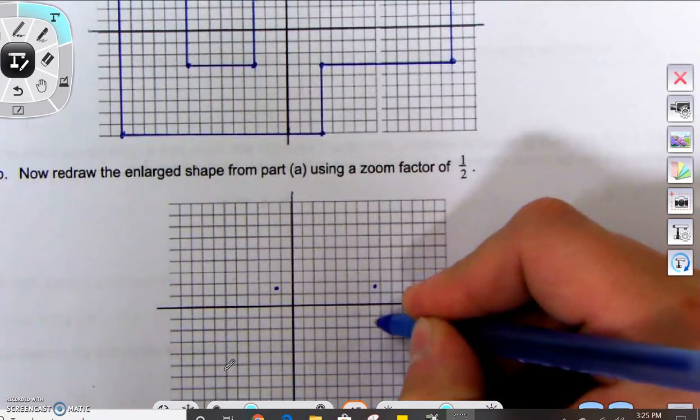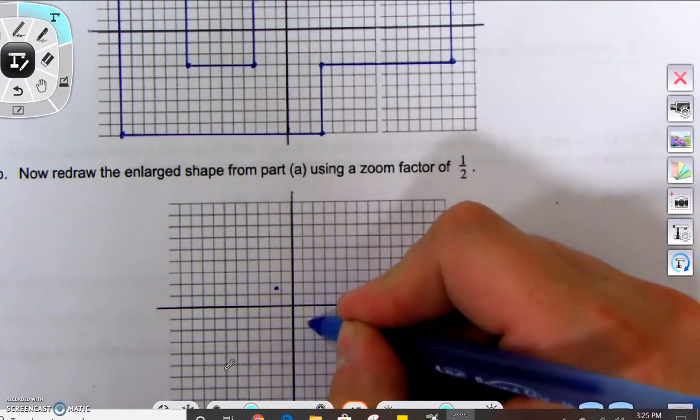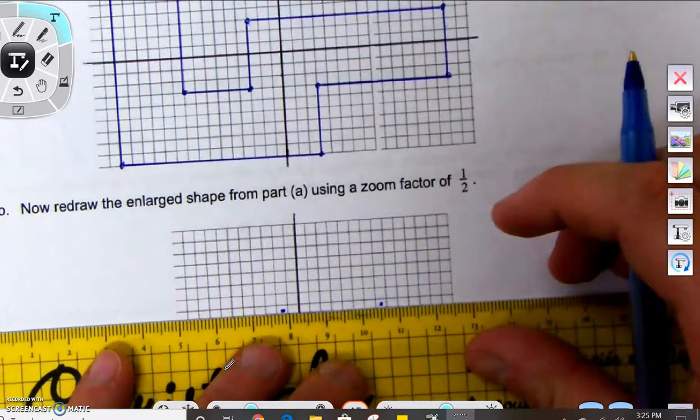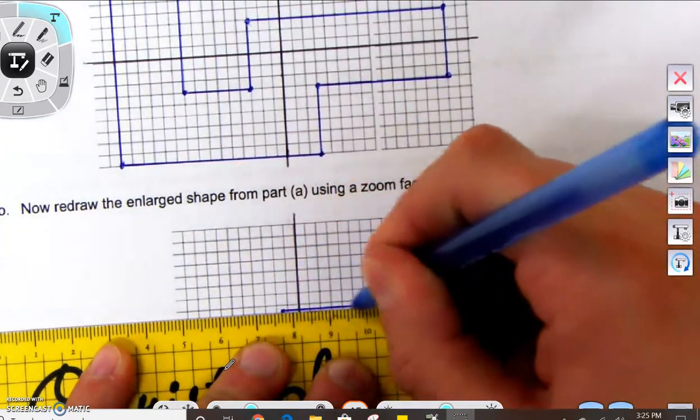And then we can keep on going with the rest of those points, multiplying by 1/2.